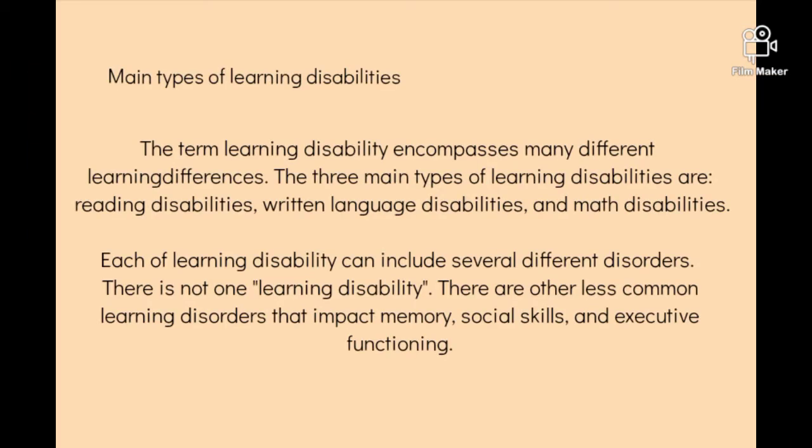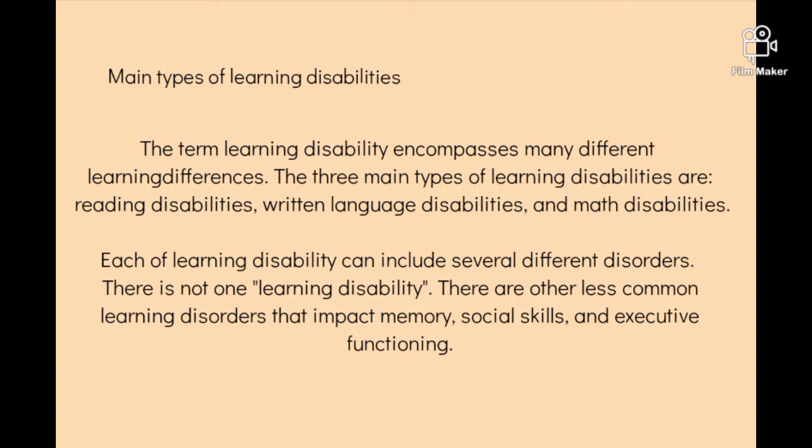There are also main types of learning disabilities. The term learning disability encompasses many different learning differences. The three main types of learning disabilities are reading disabilities, written language disabilities, and math disabilities.